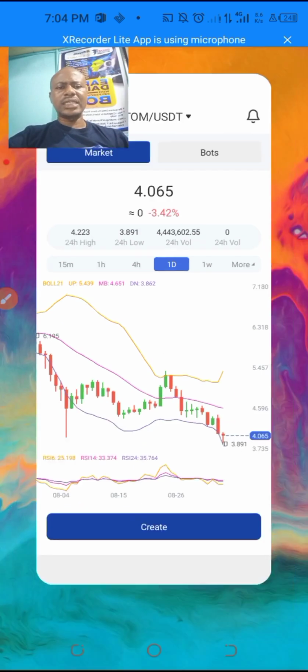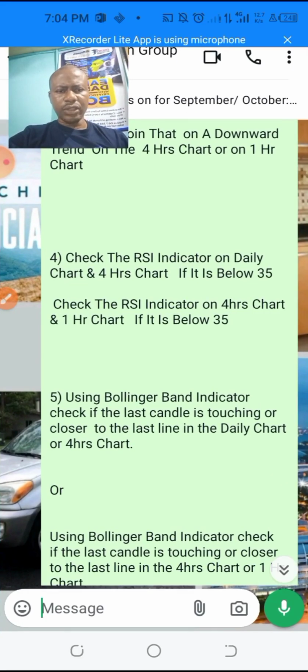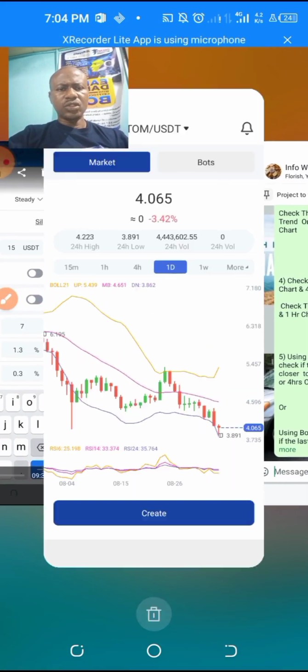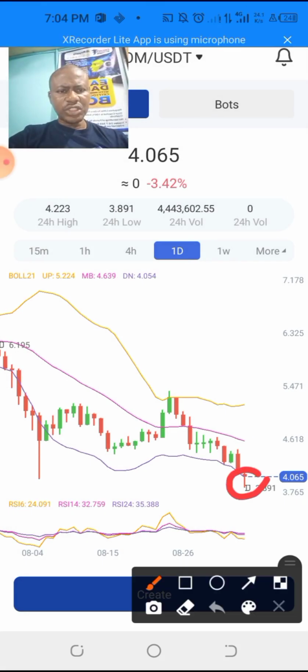So you can see that the instruction here says that using the Bollinger Band indicator, check if the last candle is touching or closer to the last line in a daily chart. So you can see that on the daily chart, this last candle is touching here. So the next thing is for the candles to form up, for it to be going up here.